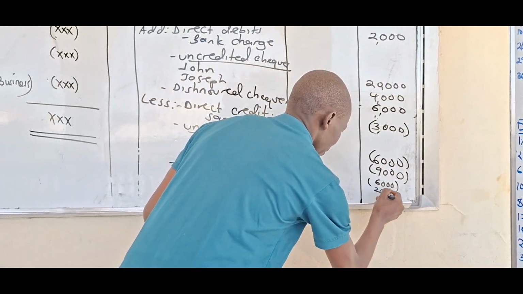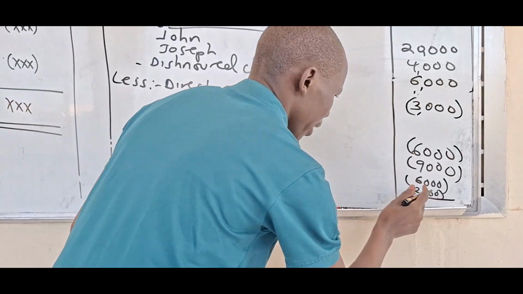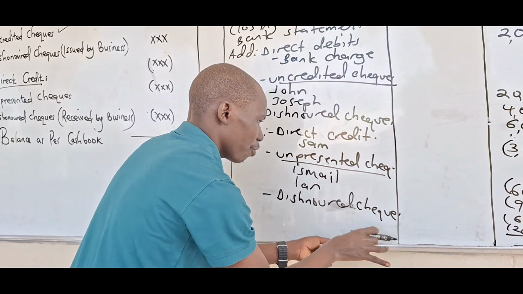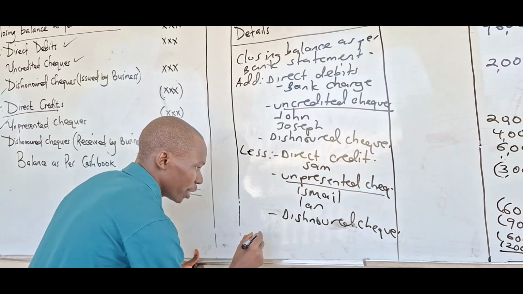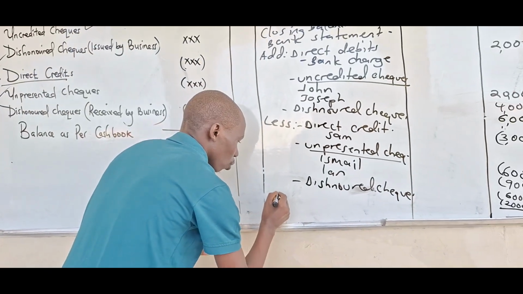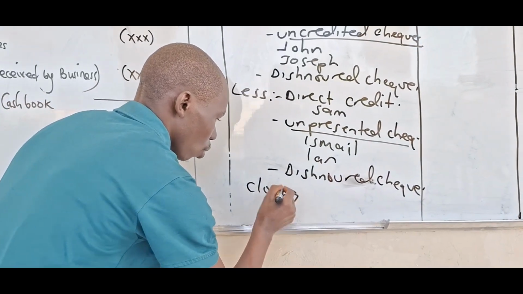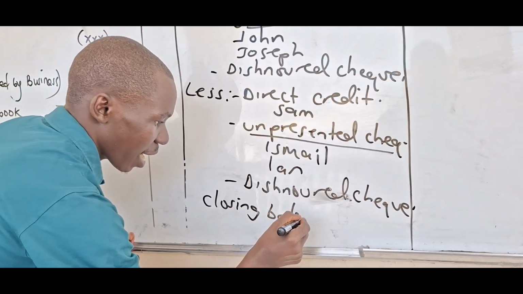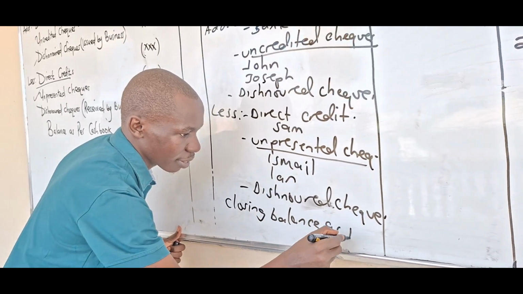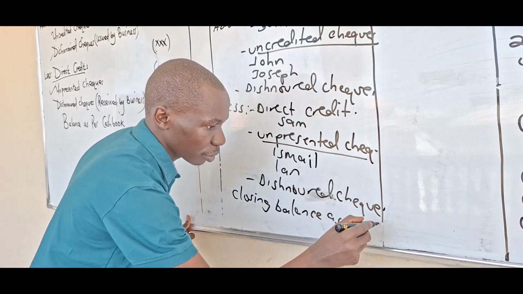You subtract. Don't forget, the purpose of our method 2 is to get the closing balance as per what? Cash book.